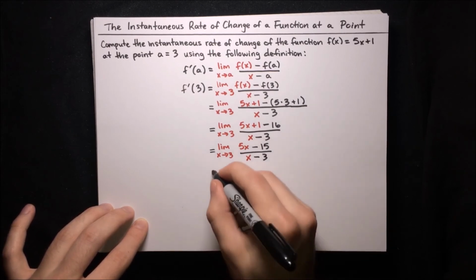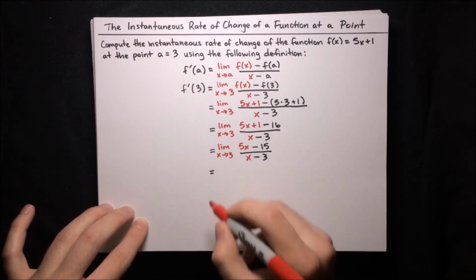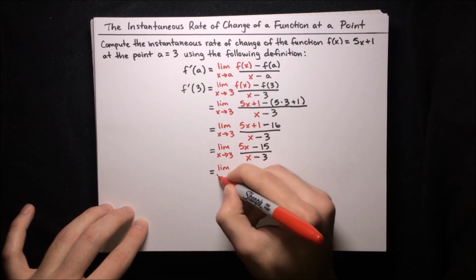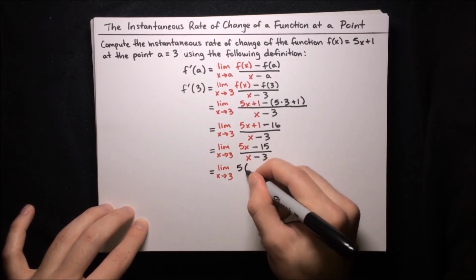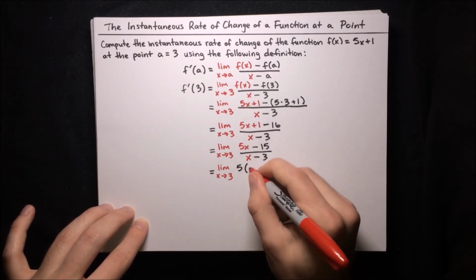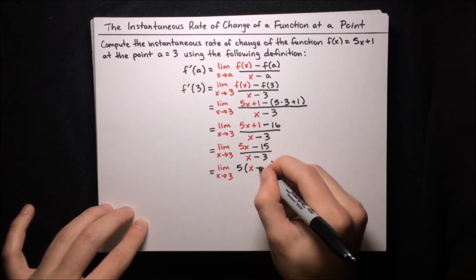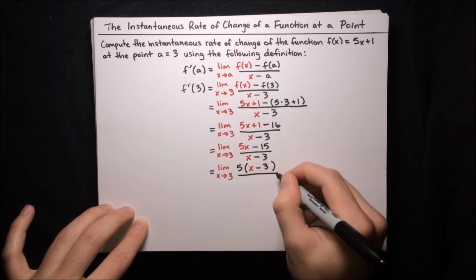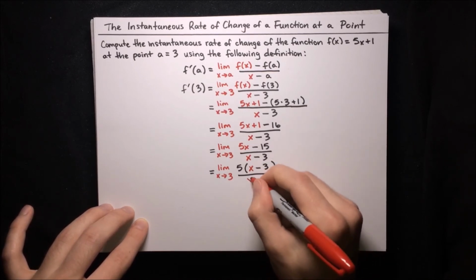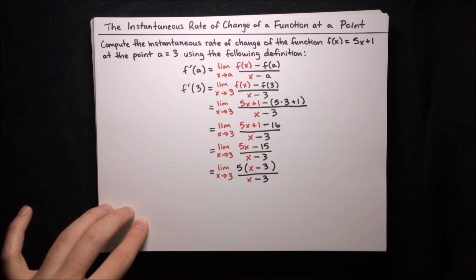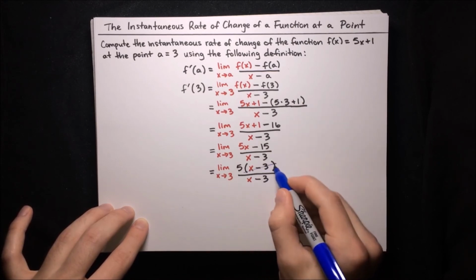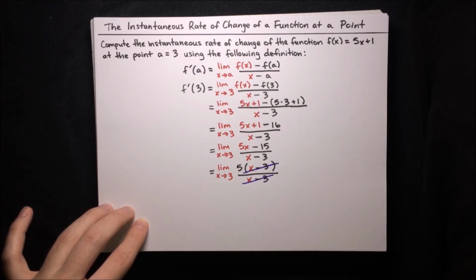And hey, we can factor out a 5 from the numerator. So this is the limit as x approaches 3 of 5 times the quantity x minus 3 in the numerator. That's all over x minus 3 in the denominator. So we've got common factors, x minus 3 in numerator and denominator, that can cancel out.